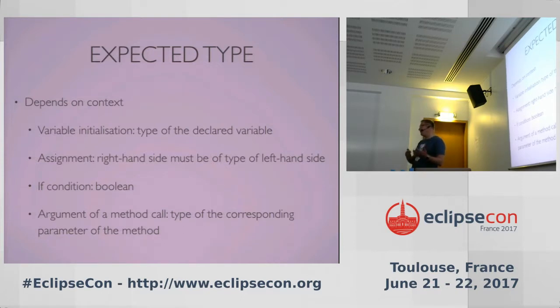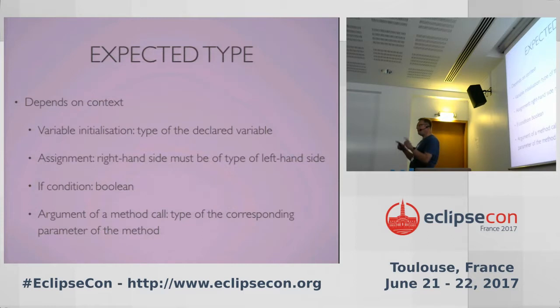If you make an assignment to a variable, then the expression is expected to be the type of the variable. If you assign something, the expected type is the type of the left side of the assignment.